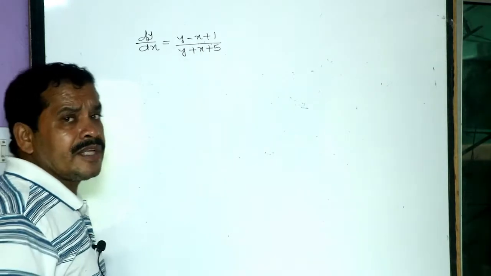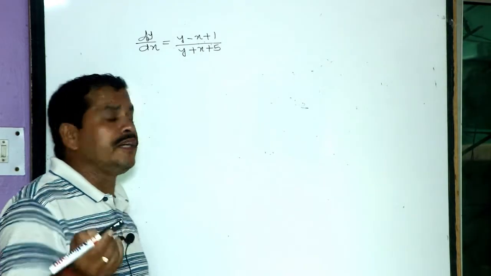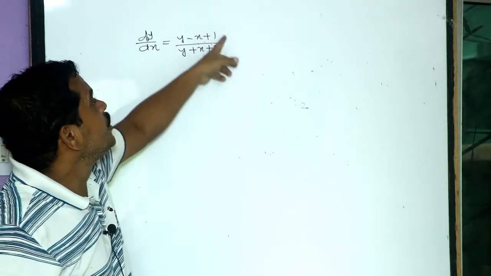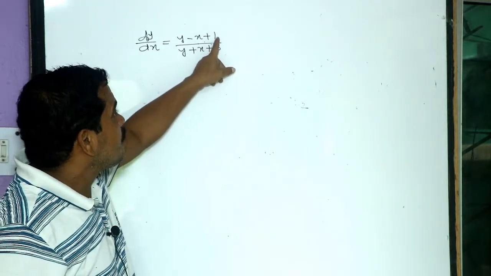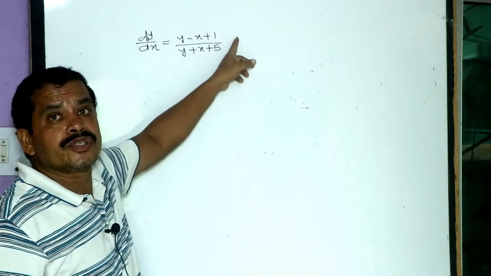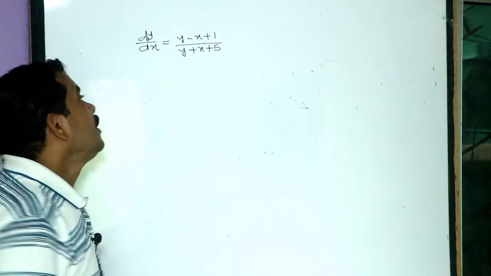This type of differential equation you can easily identify because this is an equation of a straight line. So it is not homogeneous because here it contains a constant term 1, and here also 5. So it is not homogeneous. We have to make it homogeneous.